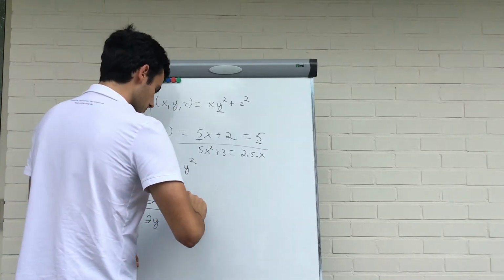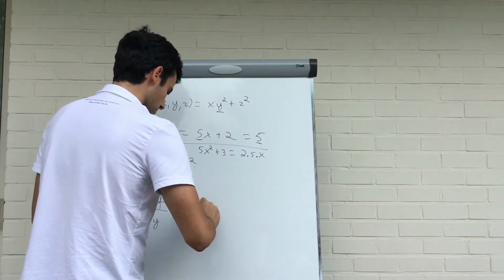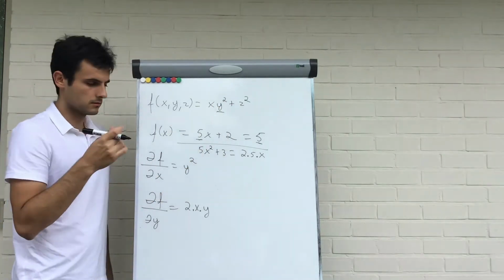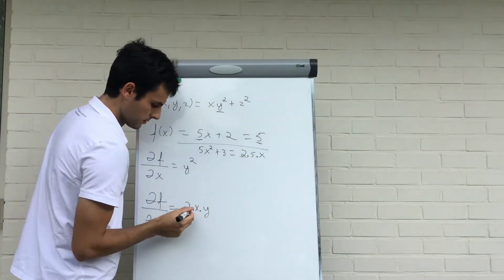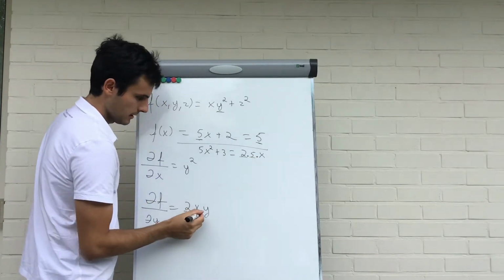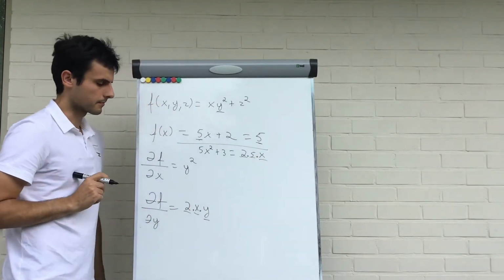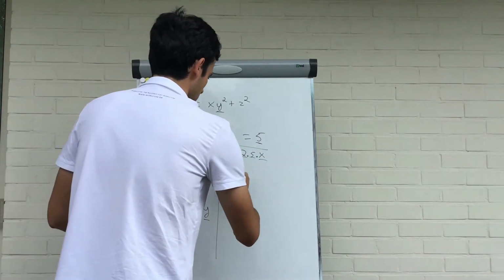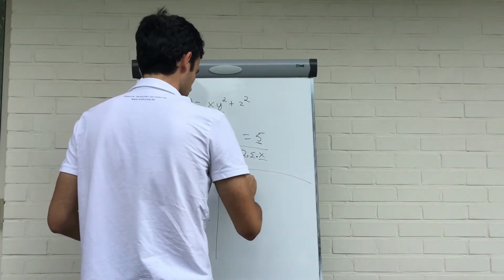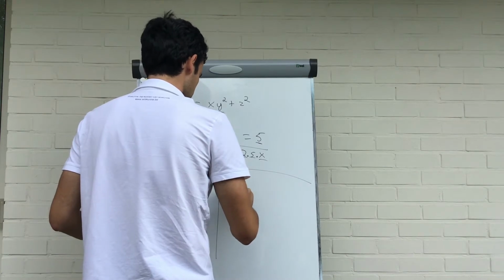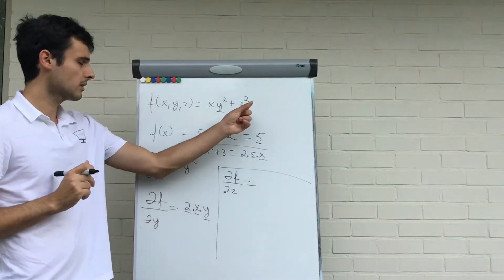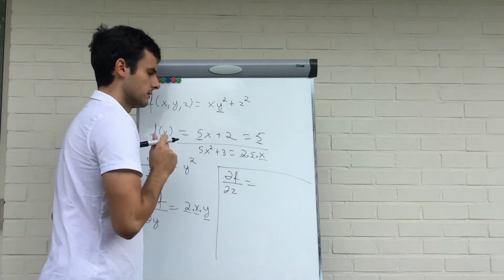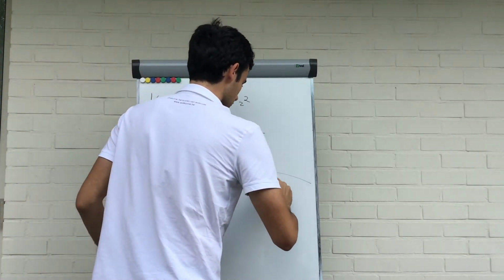So here we get 2 multiplied with x multiplied with y. And this is a constant, and the derivative of a constant is 0. So you see 2, 5 is here x, x is here the y. And the last one, the third partial derivative: this is a constant, constant is 0, so it's only z, and we get 2z.